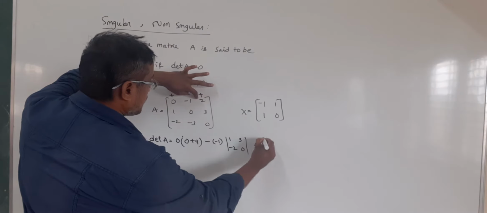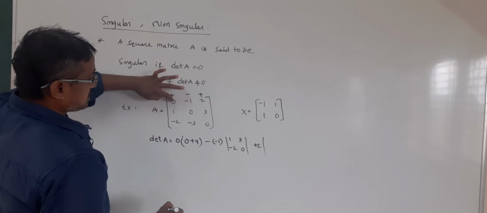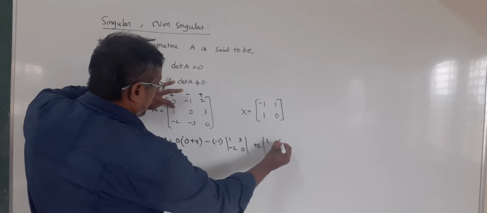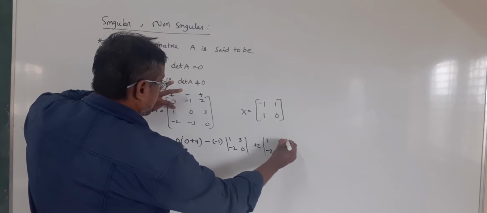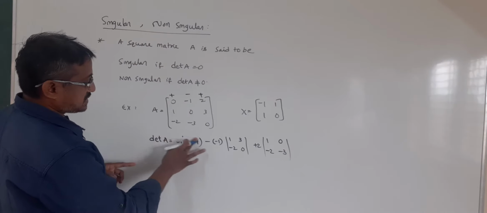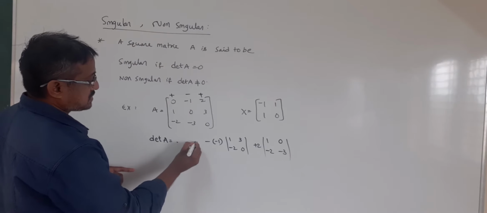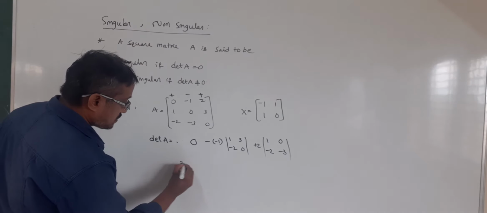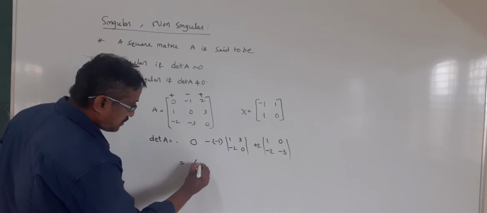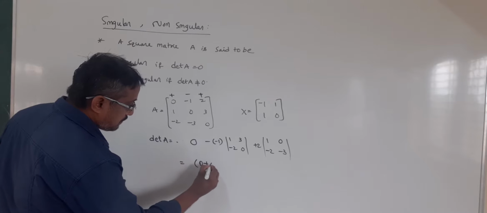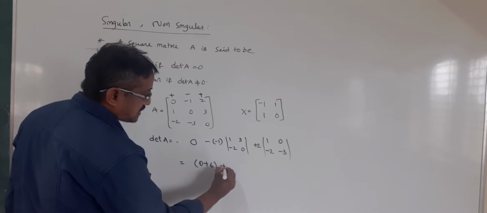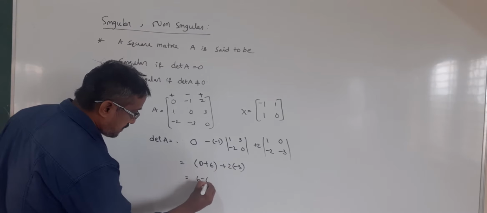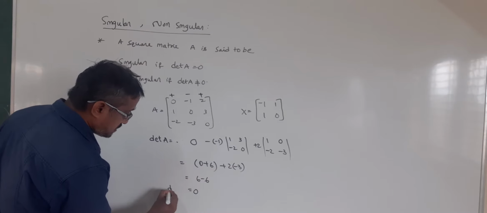So plus 2 into, now remove the first row and third column. You will get 1, 0; minus 2, minus 3. Now here the first element is 0 into something, so no need to write anything, it will be 0. So plus 1 into 0 plus 6, plus 2 into minus 3. So 6 minus 6, it will be 0.